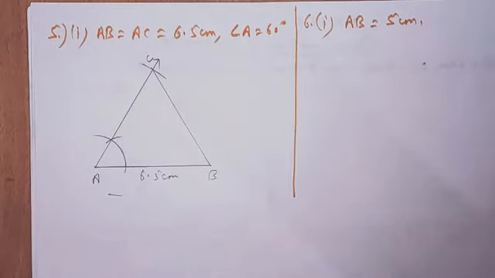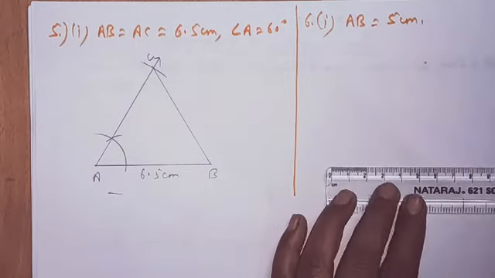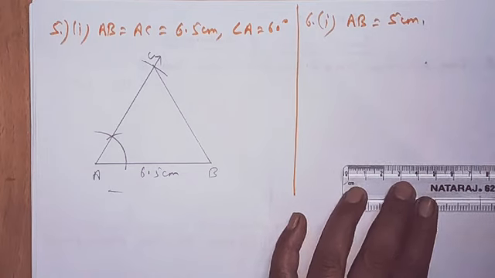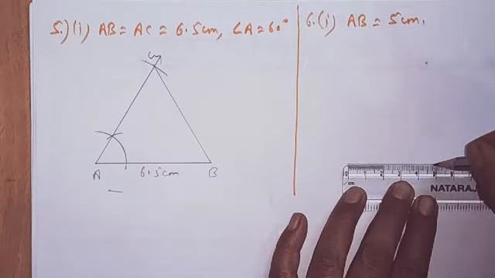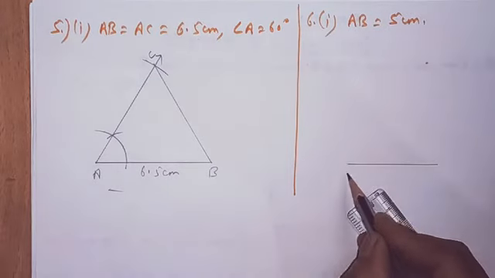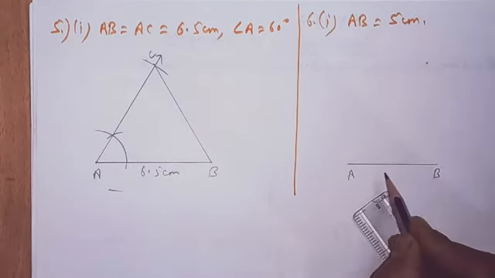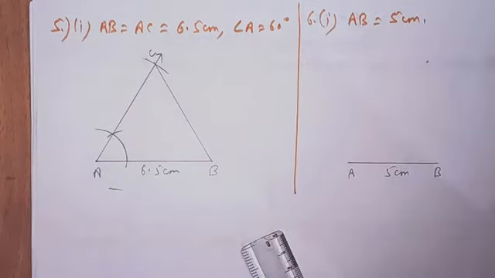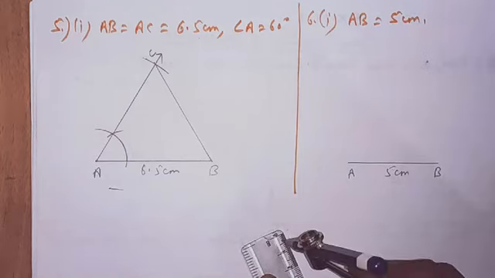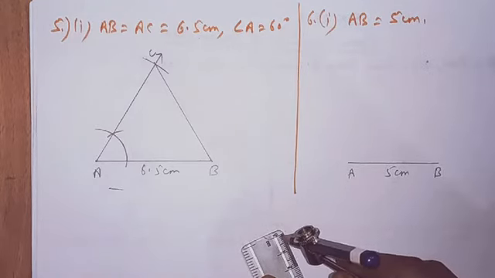This is AB. Because this is equilateral triangle, so all the sides will be of 5 centimeter. So the remaining two sides will also be of 5 centimeter.